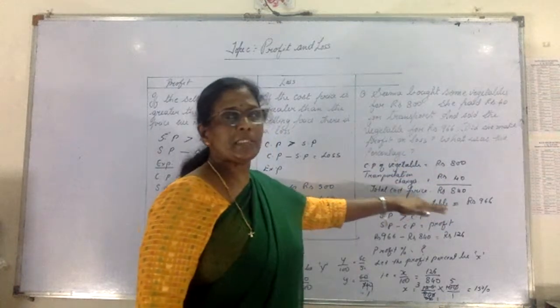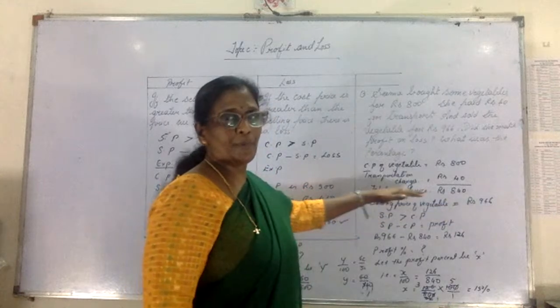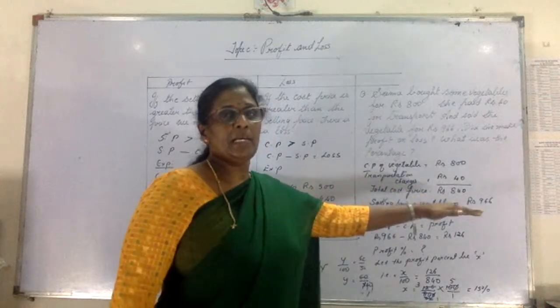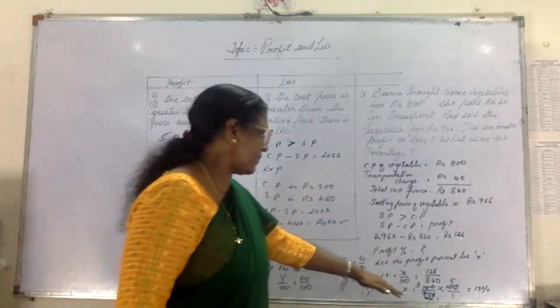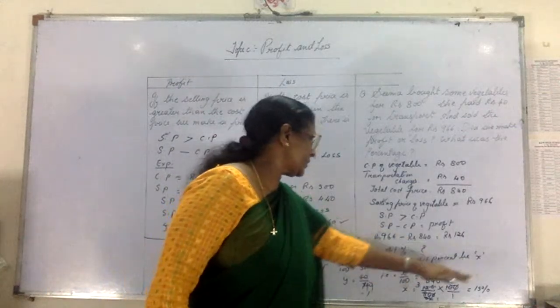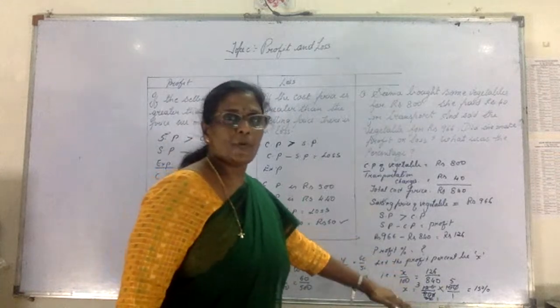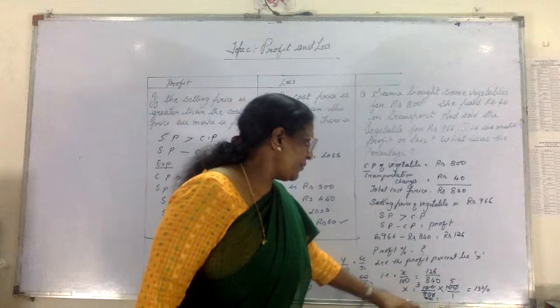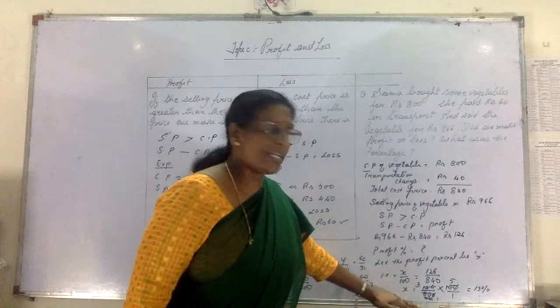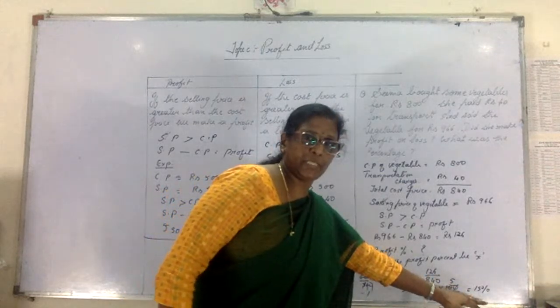If the selling price is greater, it will definitely be a profit. If the cost price is greater, it will be a loss. To find out the percentage, we have to follow the same rules. Assume the profit percent as X, that is X upon 100 is equal to actual profit upon cost price. If we simplify this equation, we will get 15%.